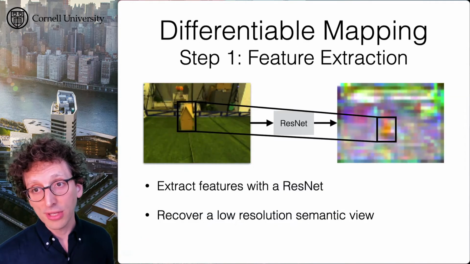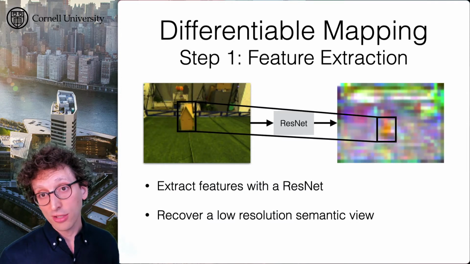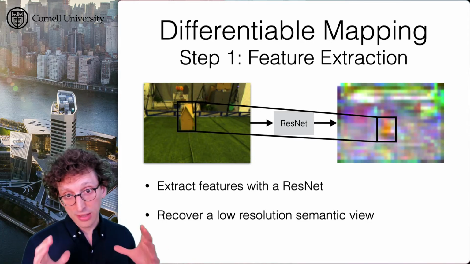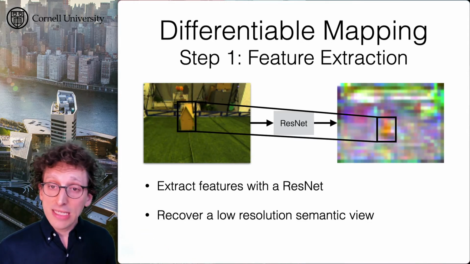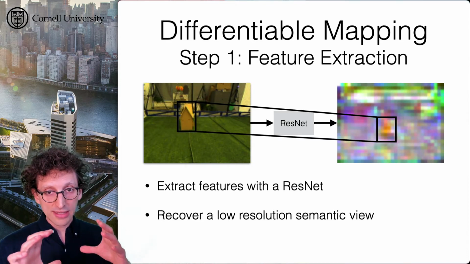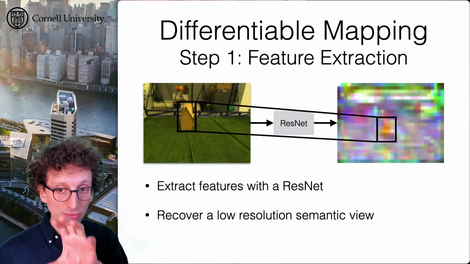So in the first step, we use the ResNet architecture to extract features from the first-person view, basically from the camera view. This recovers a low-resolution semantic view of the environment where the spatial relations between objects are retained in each of these feature maps.